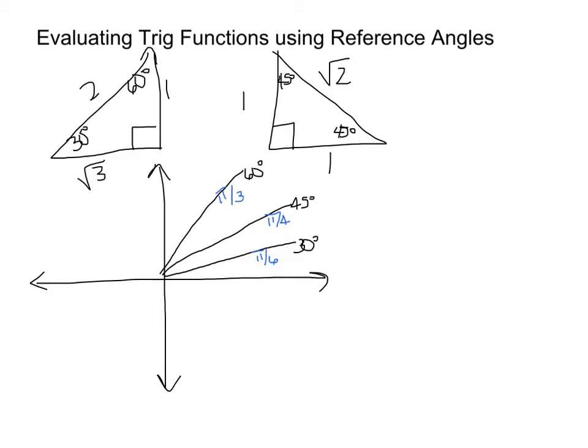Now, get your unit circle out, because we're going to fill in the coordinates that go with these special reference angles. Okay, remember I said that we have x, y, and r. Remember, x represented cosine of theta. y was sine of theta.